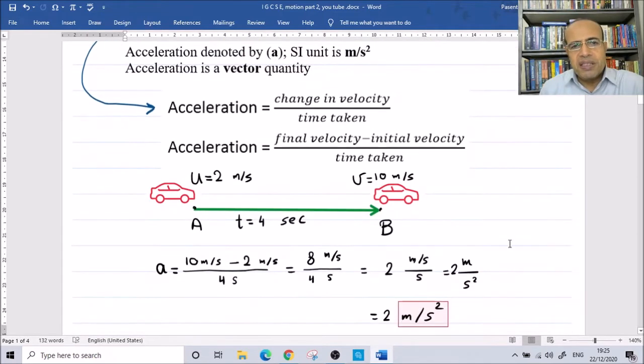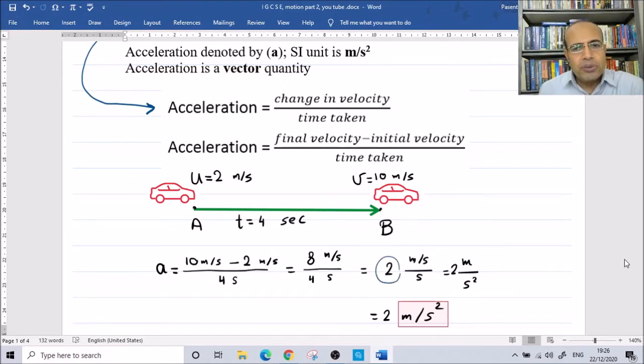Let us see this example. If the car has a velocity at point A of 2 meters per second and its velocity at point B is 10 meters per second, and that change in velocity takes 4 seconds, what is the acceleration? The acceleration equals the final velocity, 10, minus the initial velocity, 2, over the time, 4. 10 minus 2 is 8 meters per second, over 4 seconds. 8 divided by 4 equals 2.